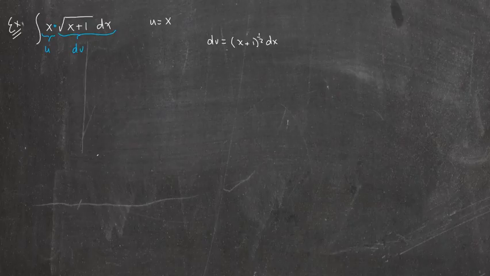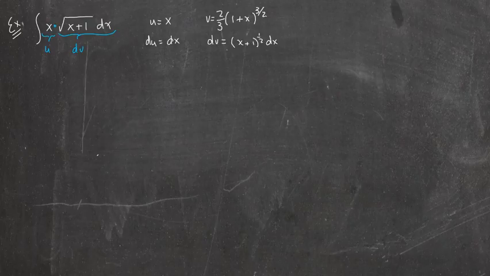Now if I calculate backward and forward, well, du just equals dx in this case. And v, taking the antiderivative, gives me 2/3 times x plus 1 to the 3/2, I just rearranged it.